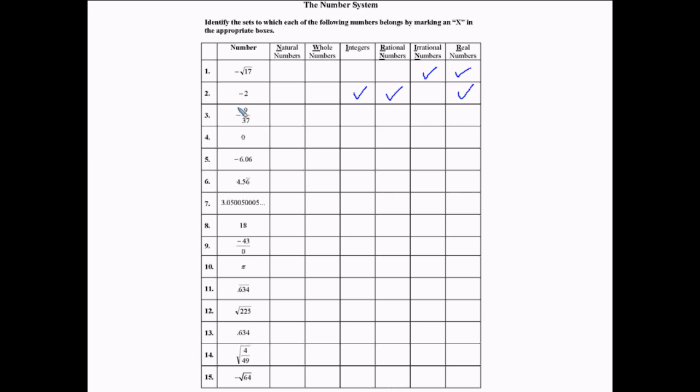Fraction: check to see if it will reduce to a whole number. If it's an improper fraction, it might turn into a whole number. This one doesn't, so it's not any of these categories, but it is rational. That makes it not irrational, so it's real.